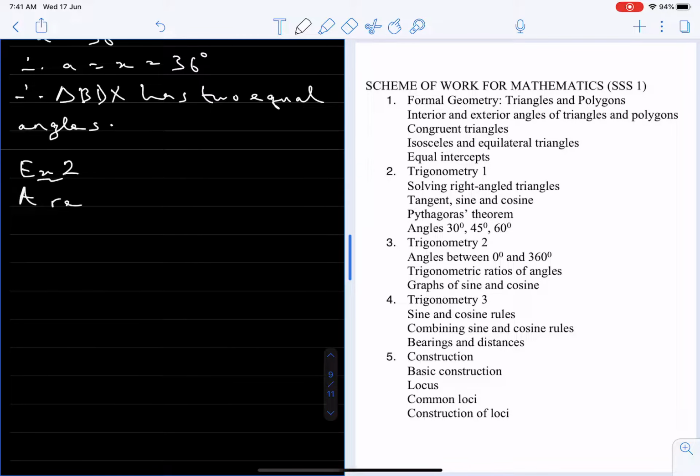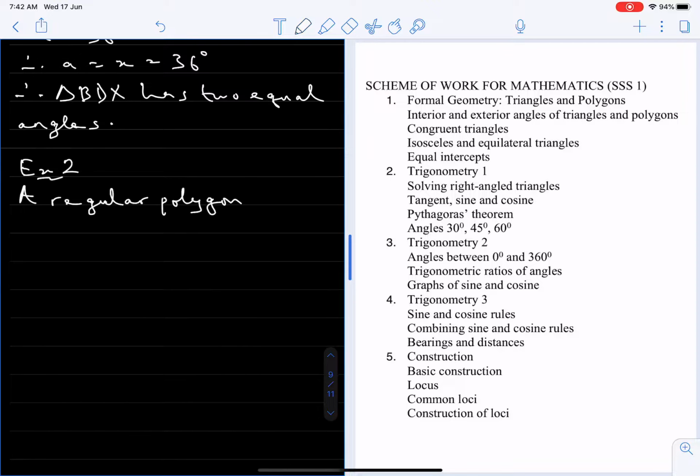A regular polygon. Take note of the word regular. A regular polygon has angles of size 150 degrees each.